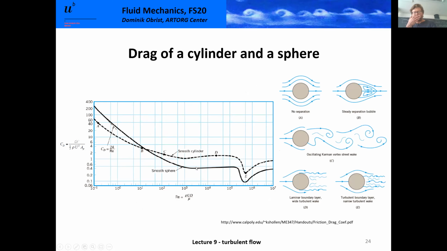And probably here, we start to have turbulent flow, a turbulent wake with a laminar boundary layer. And at this point where we have this dip, we actually do have a turbulent boundary layer and turbulent wake. Why the drag coefficient goes down is counterintuitive, but we'll talk about this next week. This is called the drag crisis of a sphere.